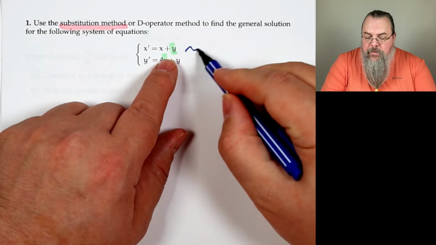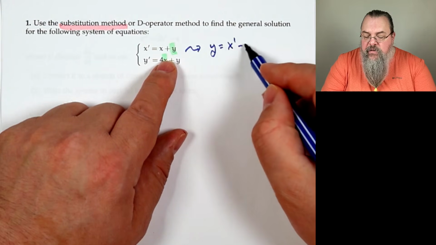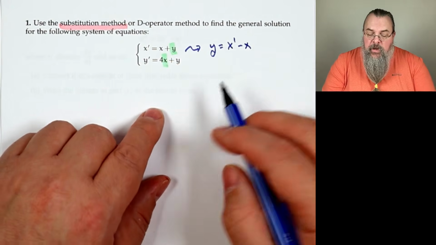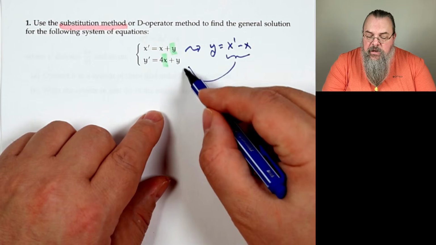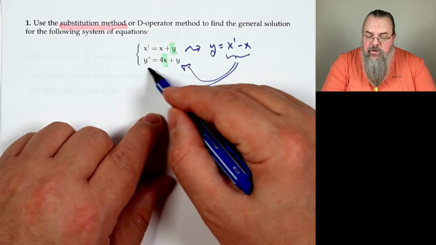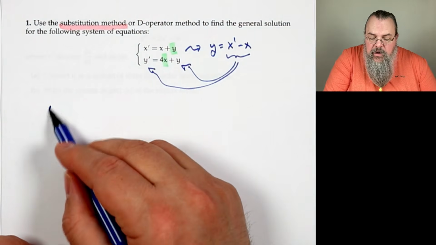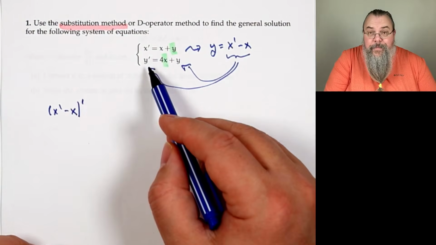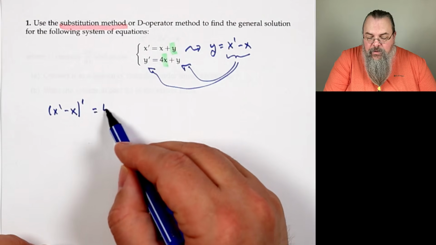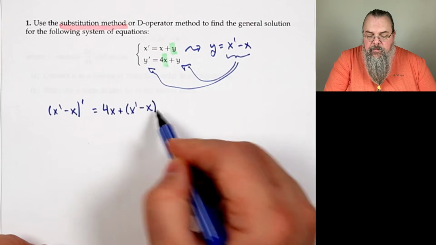If we carry that out, we say, oh, well, y becomes x prime minus x. And now we're going to take that expression and plug it in to the 2 places where y shows up in the second equation. So that would give us x prime minus x, prime, is equal to 4x plus x prime minus x.